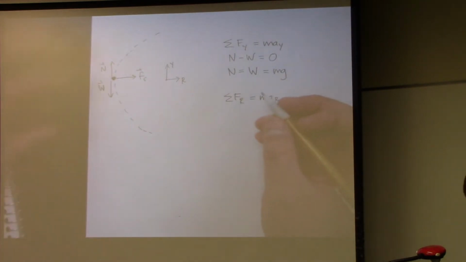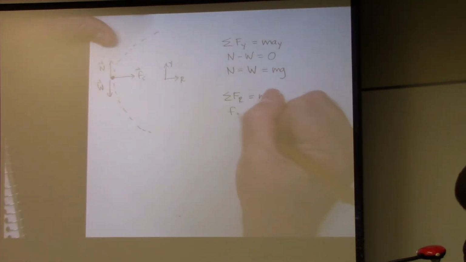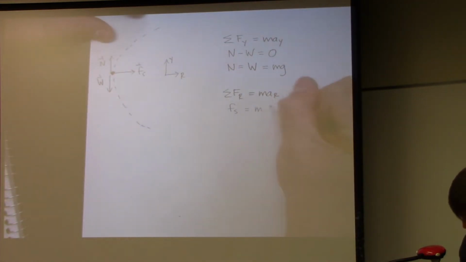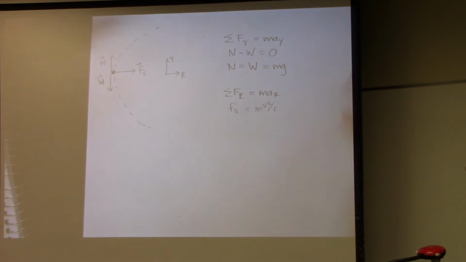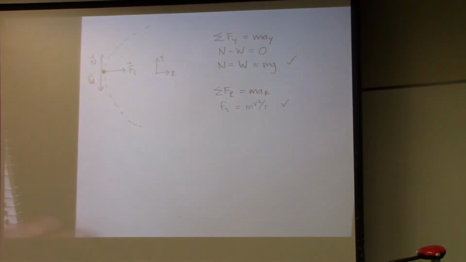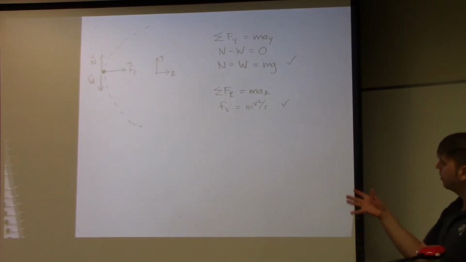The only force is static friction, Fs, and acceleration is v squared over r, just like before. So we have that the normal force is equal to mg, and the static friction force is equal to mv squared over r. That has to be true for you to ride in a circle at a constant speed.